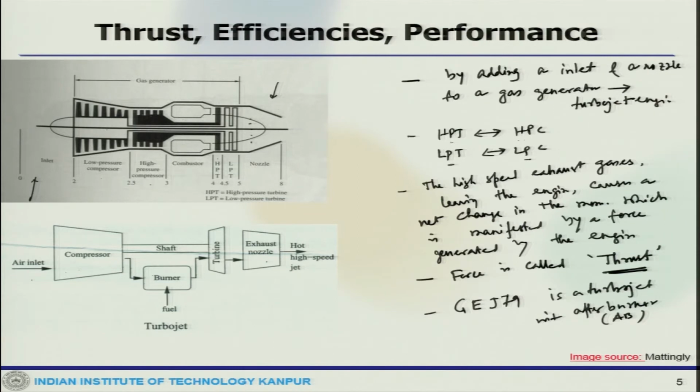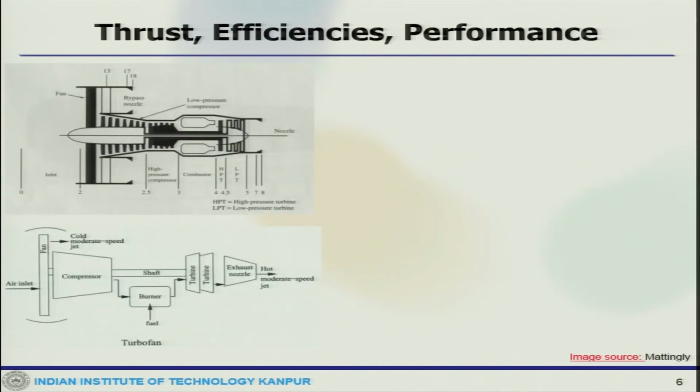So, from the basic gas generator, when you add the inlet section and the nozzle section, we get the turbojet engine.